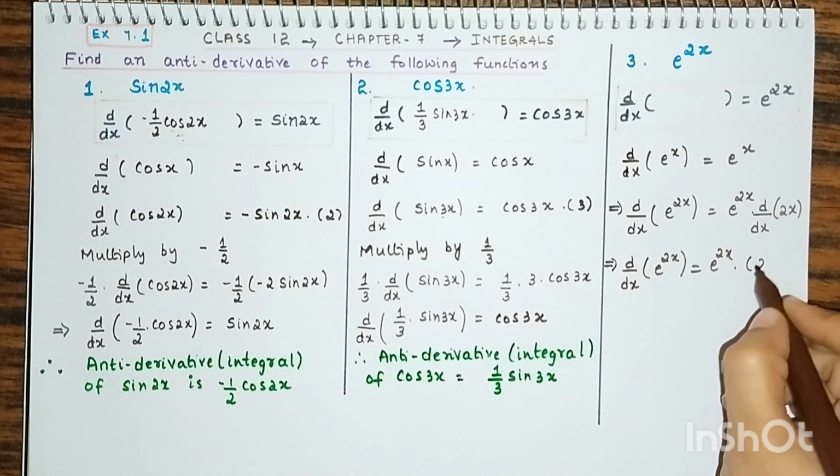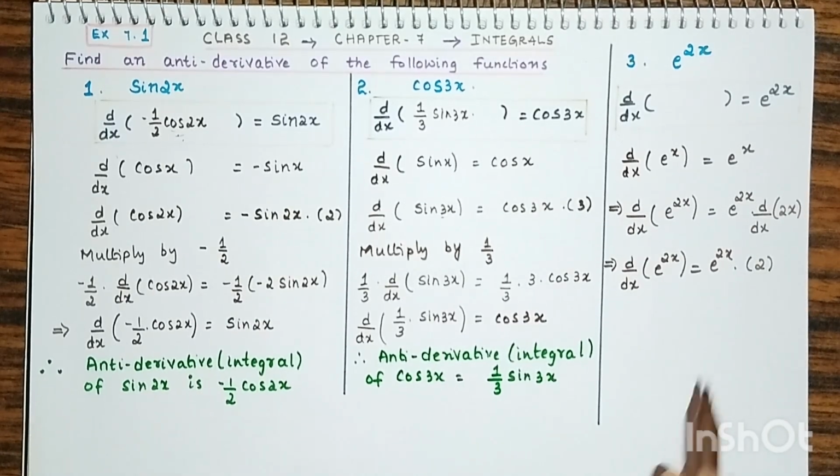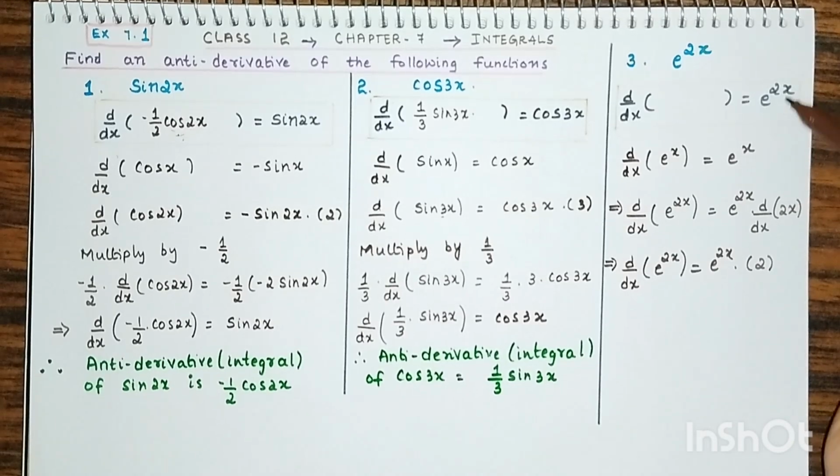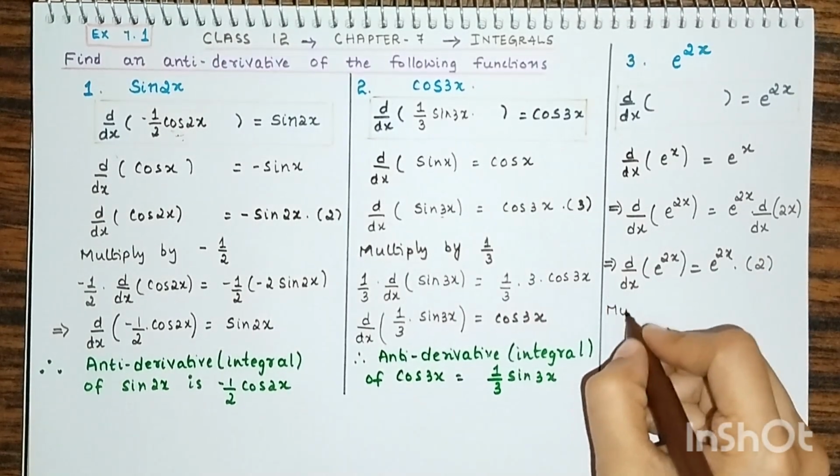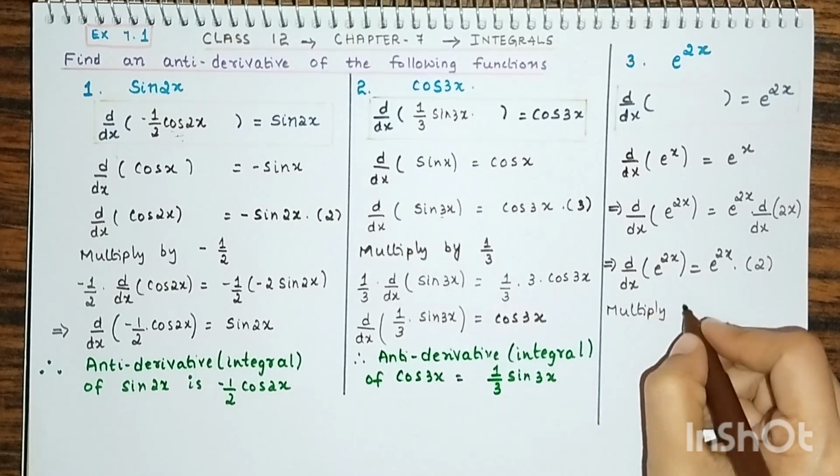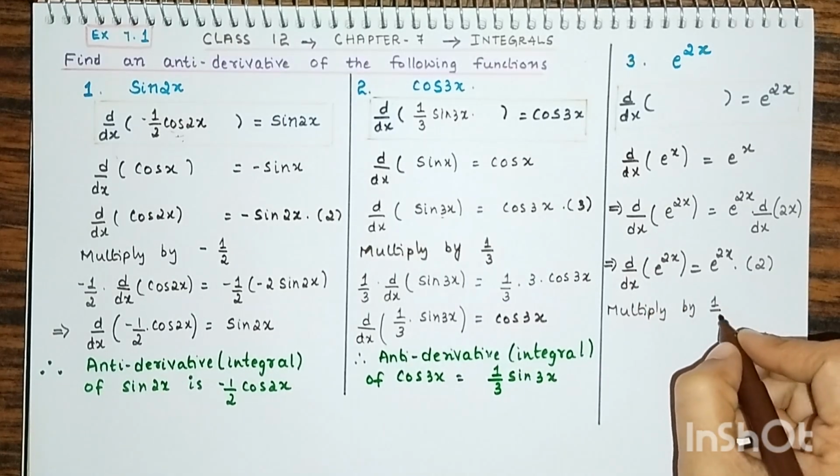of 2x is 2. Now what we have to do here, because we don't want 2, no? In the blueprint we know it is just e to the power 2x. So we don't want 2. So we will multiply by 1 by 2.